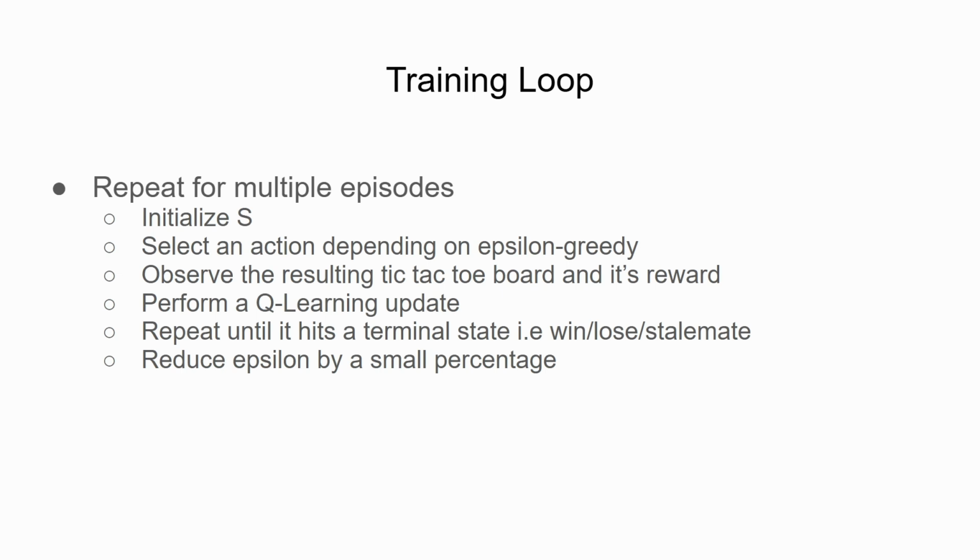Then, perform a Q-learning update. This is where we actually update our Q table and see what we learned from the resulting state. We then repeat until it hits a terminal state, so that would be either a win, lose, or a stalemate. Then we reduce epsilon by a small percentage. This will mark the end of one episode, which we will repeat for a large number of episodes to ensure we cover multiple state action values.